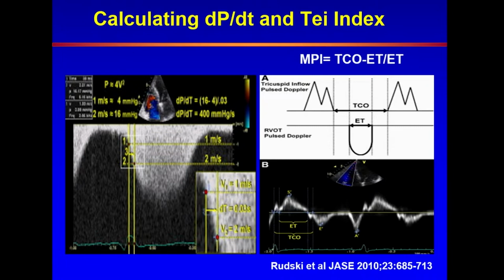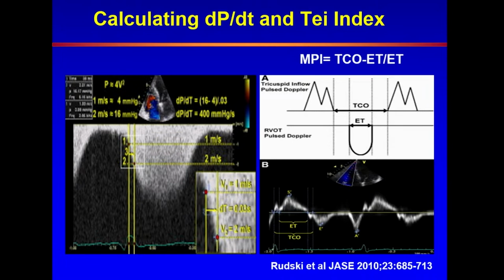There were some studies that said you do better in terms of accuracy, or maybe more reproducibility as opposed to accuracy, if you start from 0.5 meter per second as your starting point against 2 meter per second as the other pressure point, or the velocity point that you will convert to pressure.